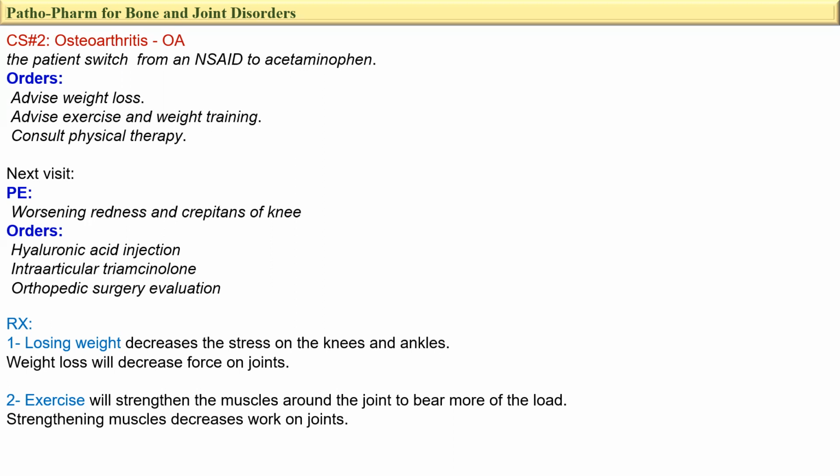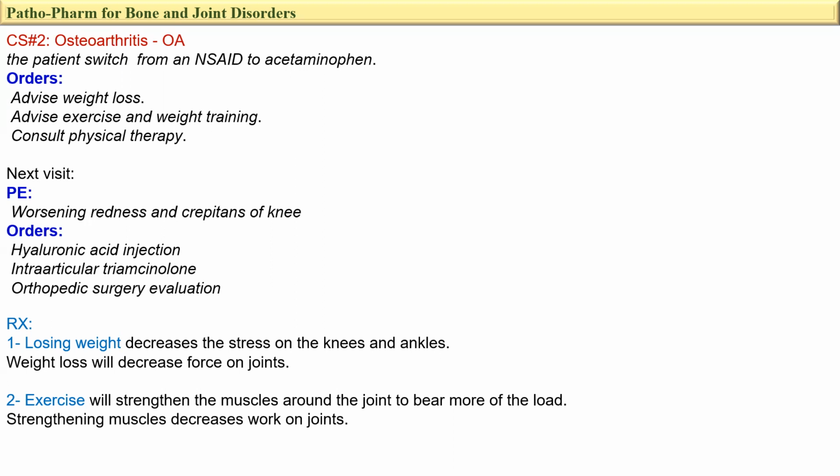When the patient gets to the point where relief of the pain and immobility requires steroids, and there's also another medication called hyaluronic acid, usually injected into the joint, then we know the patient should be referred to an orthopedic surgeon for replacement of the affected joint.